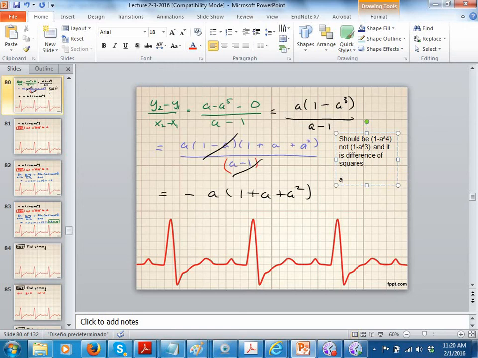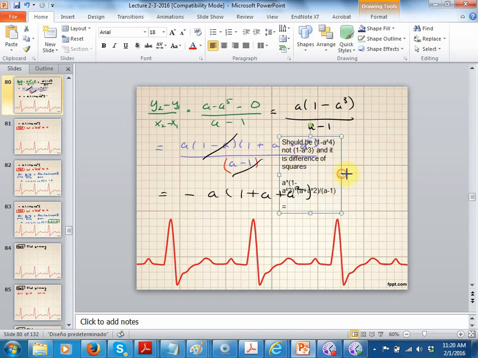So this is nice. Don't capitalize. Oh, it's actually a little messier. I thought it was going to be easier. So I'll tell you how it's messier. That's equal to a times 1 minus a.